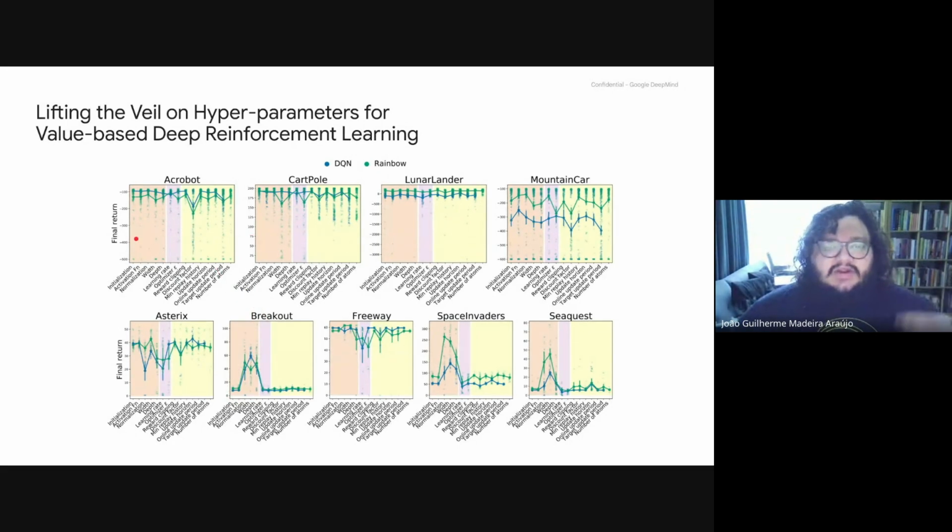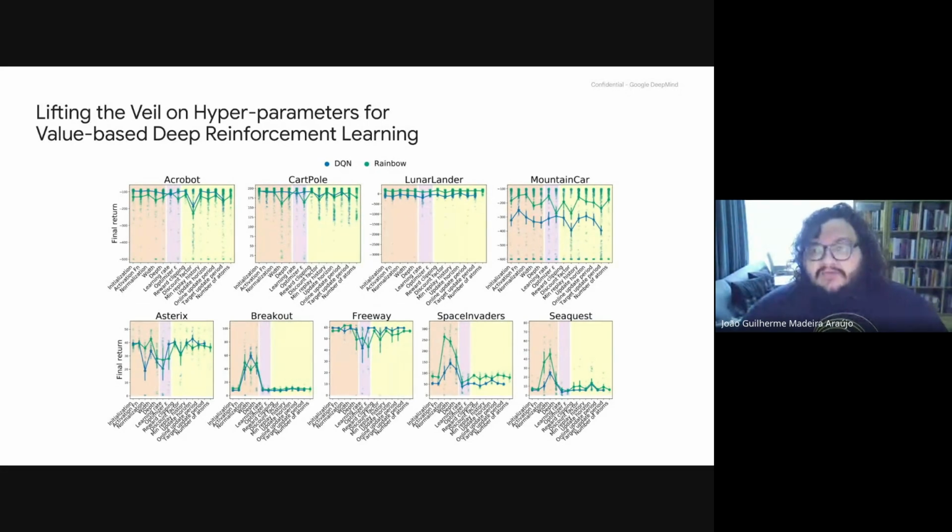You see that for Acrobot, basically only the discount factor matters much, but for Asterix, a lot more matters. So this was an initial thing. This was just sent to a workshop, and it got us thinking. We decided, okay, we started with this very simple environment, so let's try to go to Atari at least.